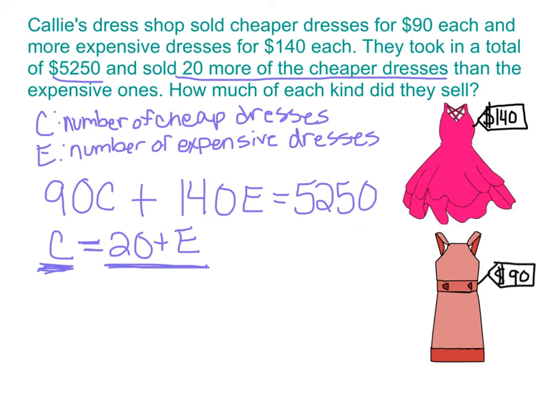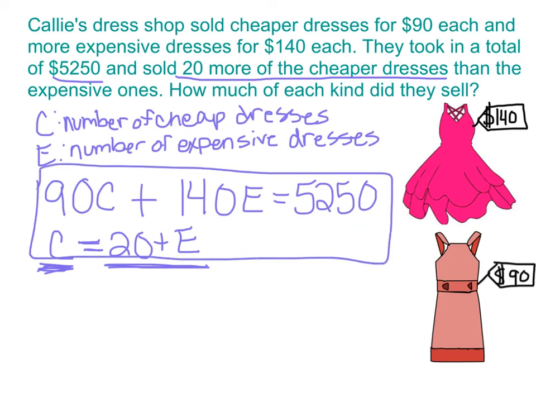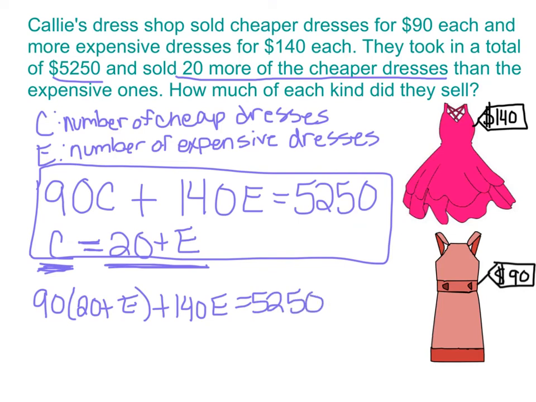So now I have a system of equations. It's already set up nicely for substitution. So we're going to go 90 times 20 plus E plus 140E equals 5,250. And, distribute and combine like terms and all that other fun stuff, and you will get an E of 15.